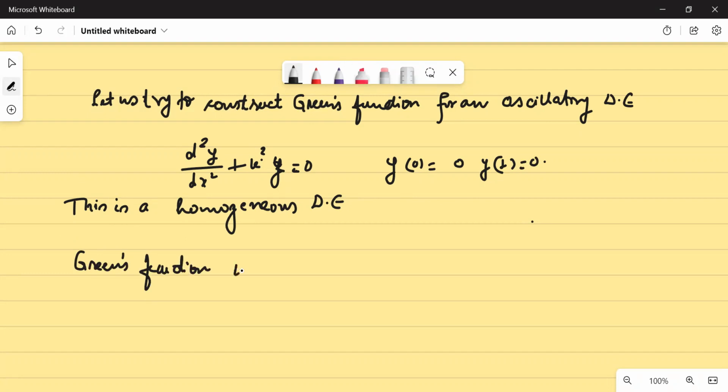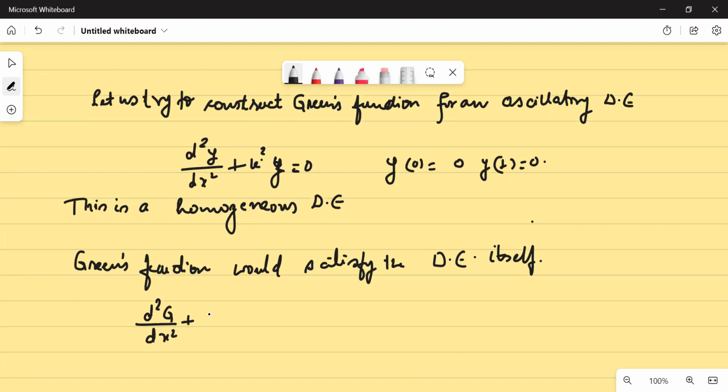In order to construct the Green's function, the first thing is that your Green's function would satisfy the differential equation itself. So I know that d square G upon dx square plus k square G equals 0.